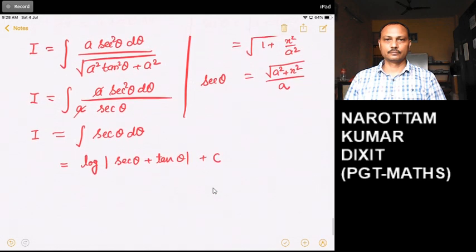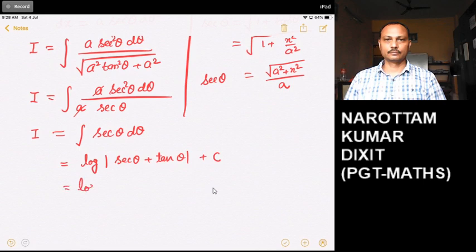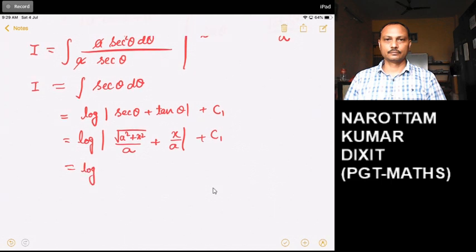Now replace these values, and we get log of the square root of a square plus x square upon a, plus tan theta, which was equal to x upon a, plus c. Let us take the constant of integration as c1, because here also we will get another constant term. So log of square root of a square plus x square plus x, minus log of a, plus c1.